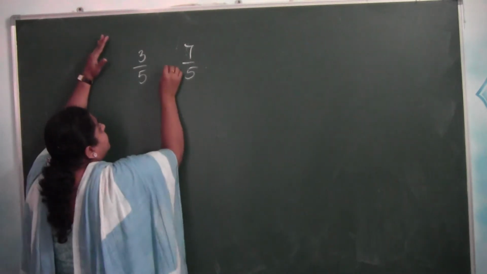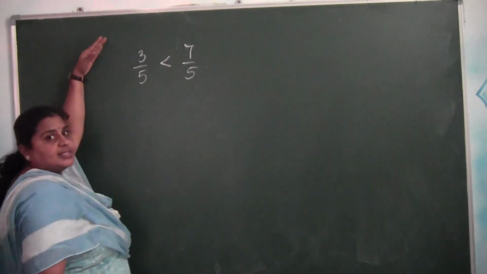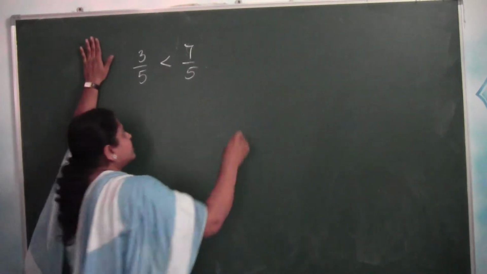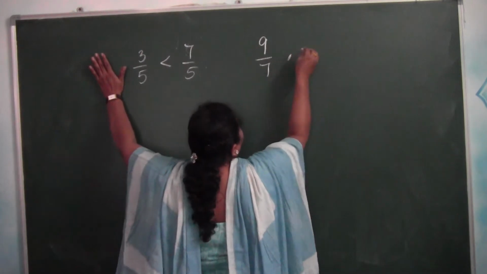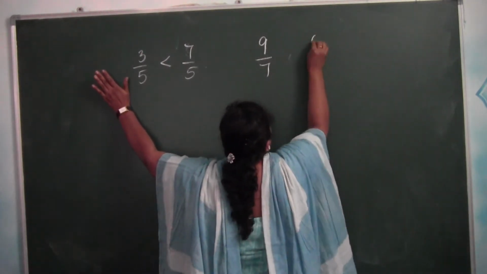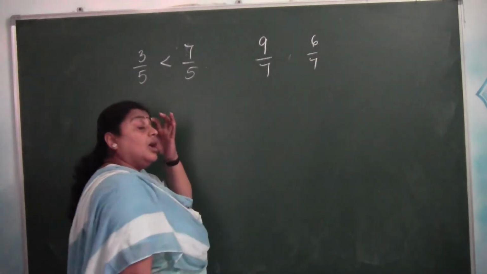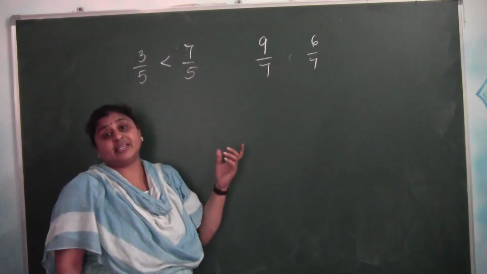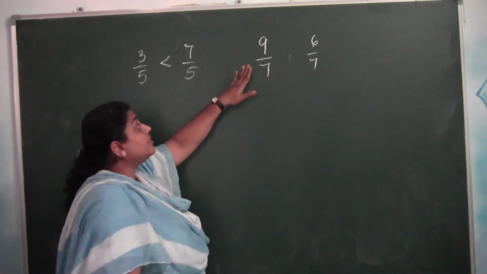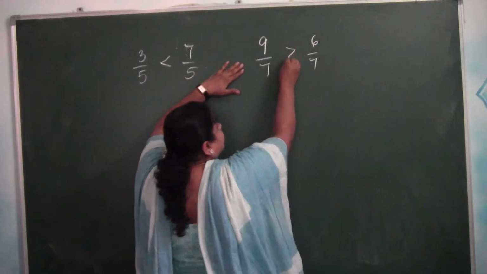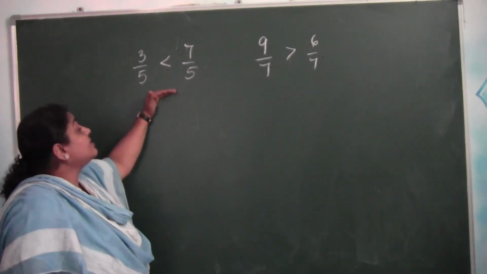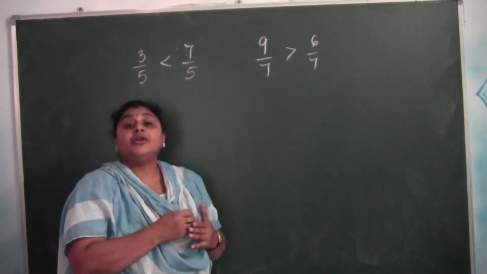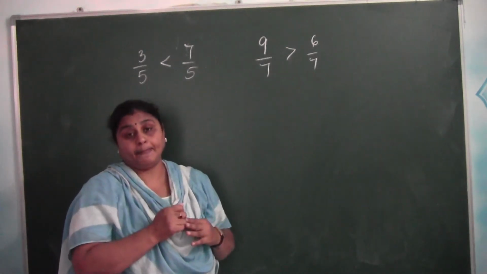Therefore, which symbol will I write here? Less than symbol. Okay, next, 9 by 7 and 6 by 7. Which is greater? Which symbol do I need to write here? Greater than symbol.